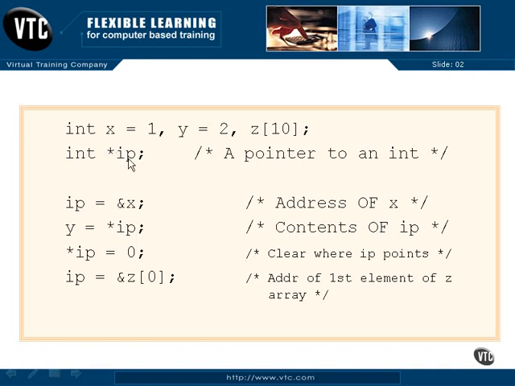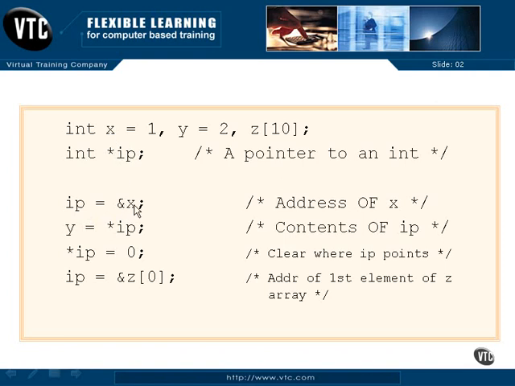So that star IP, that star says that IP is going to be a special size. It's going to be big enough to hold a pointer, which is an address in memory, and that pointer will point to an integer or 2 bytes. Now, if we're going to use IP, down here we can set it equal to the address of x. That's how you read that. Remember, we created x up here. It's an integer.